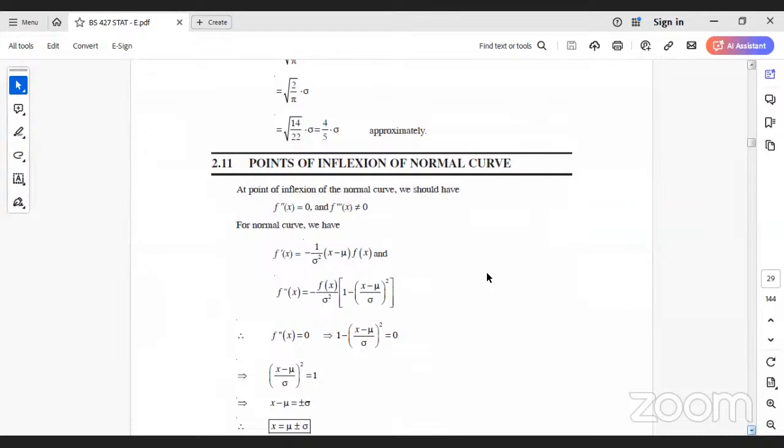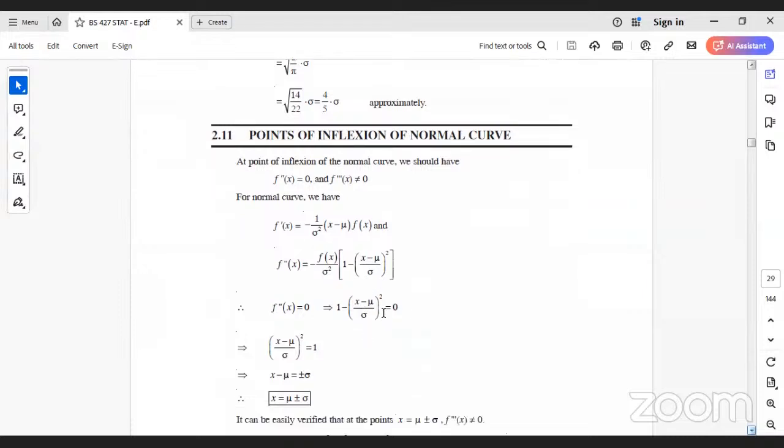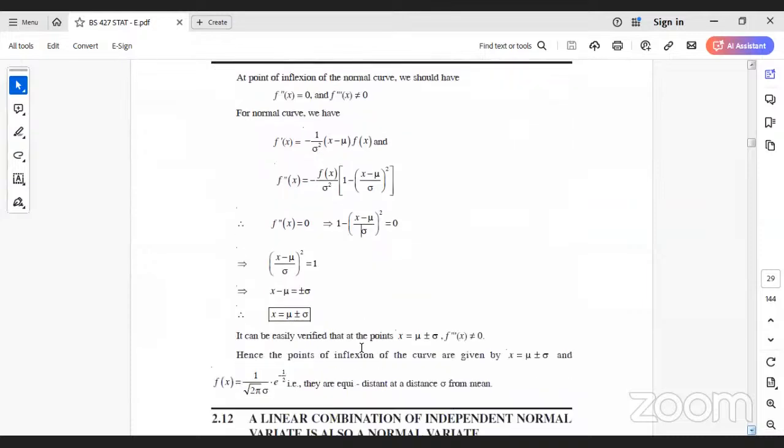For a normal curve, we have f dash x is equal to minus 1 by sigma square x minus mu f of x, and f double dash x is equal to f of x by sigma square times 1 minus x minus mu whole square by sigma square. So f double dash x is equal to 0 gives x minus mu whole square by sigma square equal to 1, so x minus mu is equal to plus or minus sigma, and x is equal to mu plus or minus sigma.